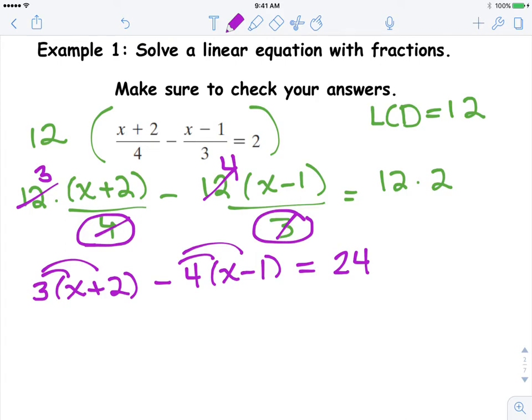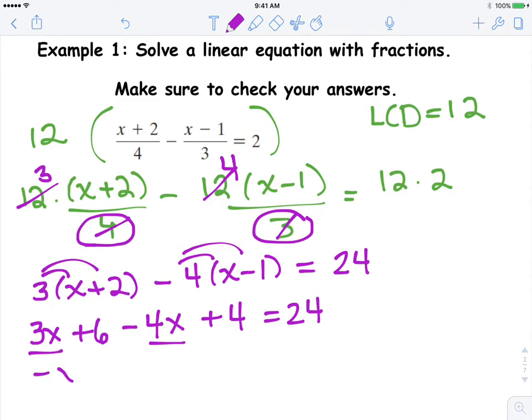the 3 times x, 3x, 3 times 2 is 6. Second, distribute again, negative 4x, positive 4. Combine like terms, 3x minus 4x is negative x. 6 and 4 is 10.